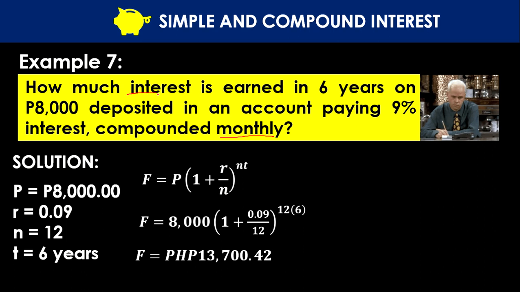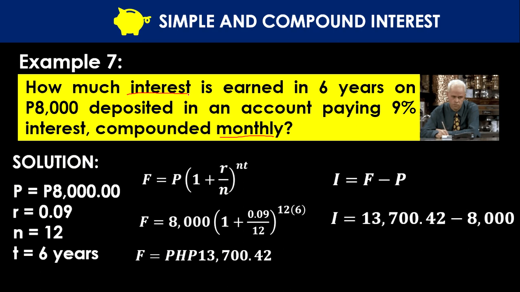Since we are after the interest, we're going to subtract the principal amount from F. And that is 13,700.42 minus 8,000. And we're going to have 5,700.42 as our interest.